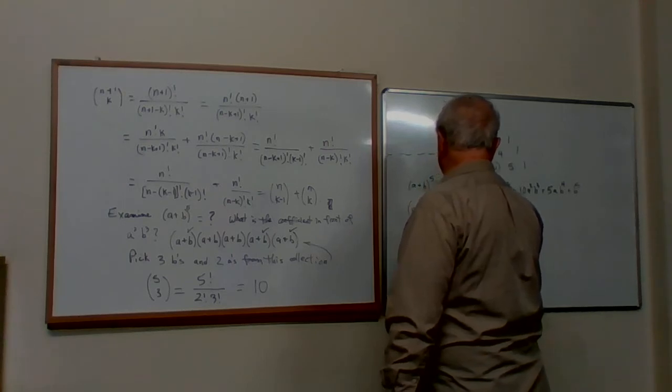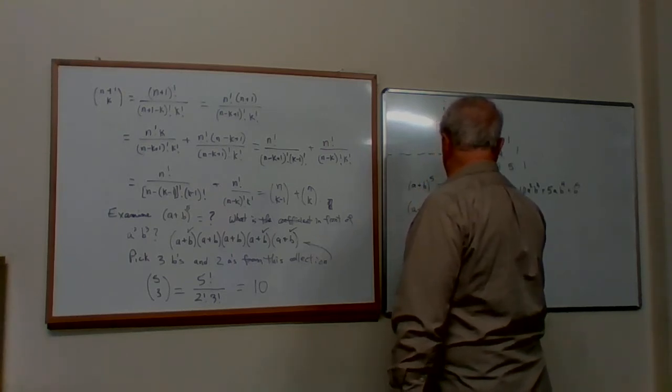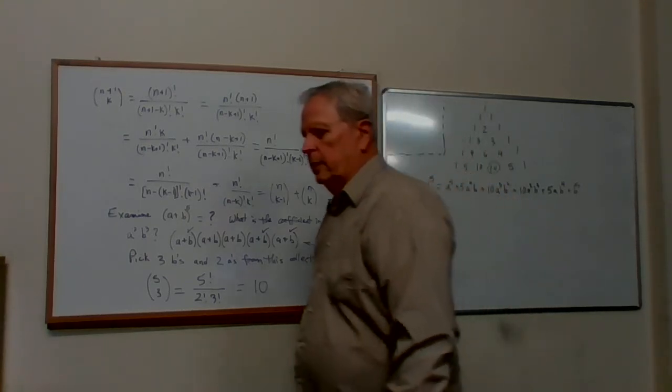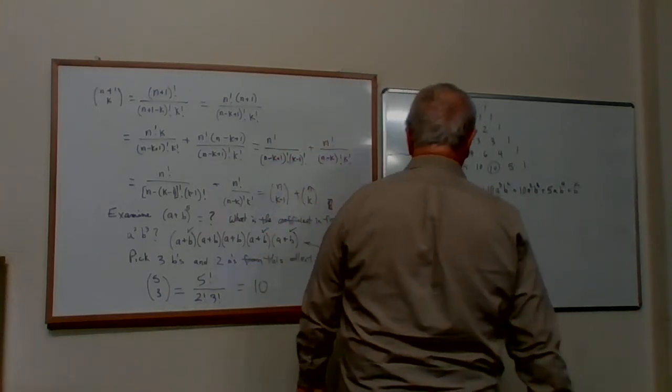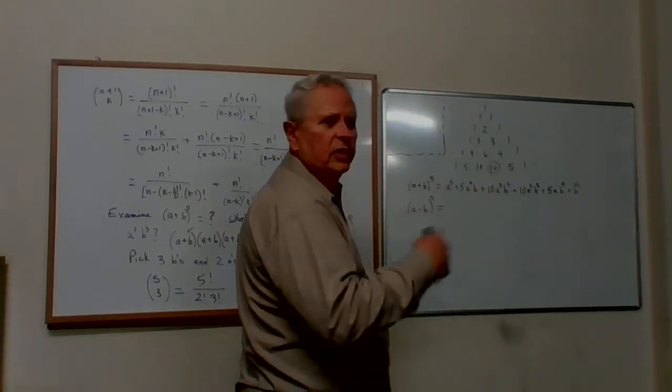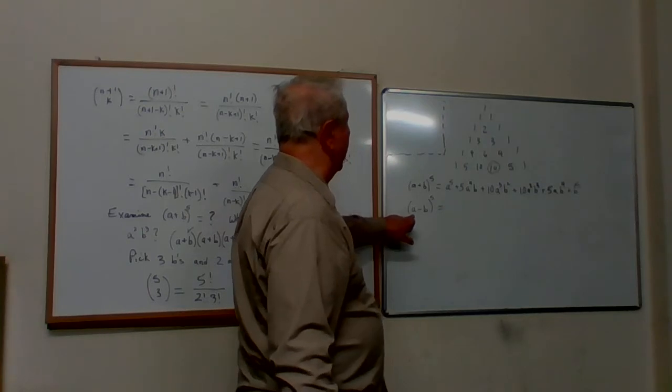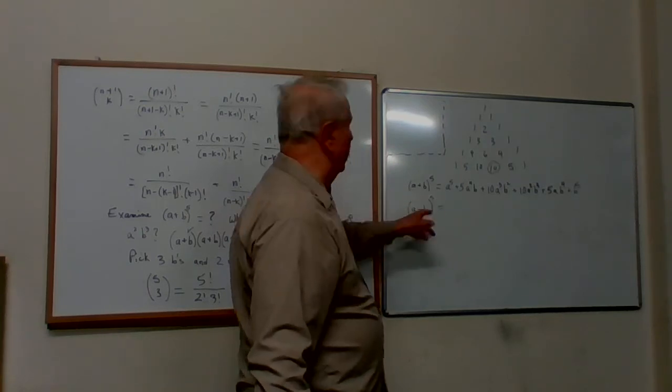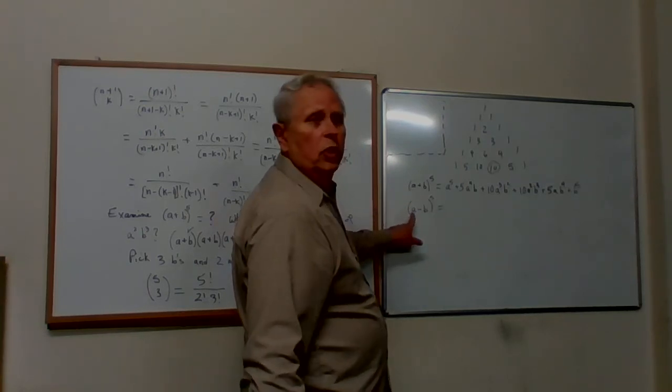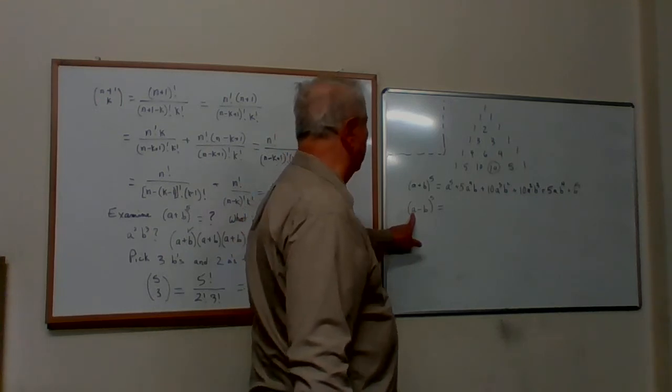Now, you can also do this with a minus sign. Now, how is this going to work? You just alternate the signs. It's obvious that the a is going to be to the 5th because there's no sign in front of it, so that means it's positive.